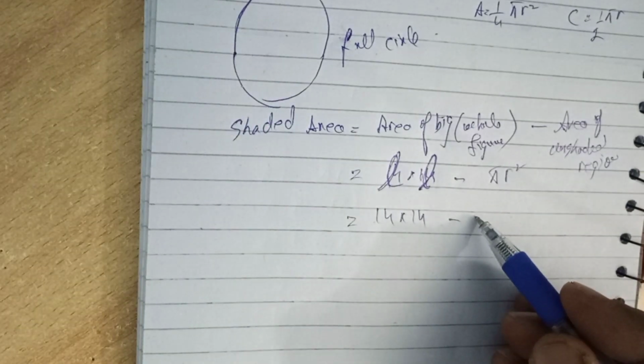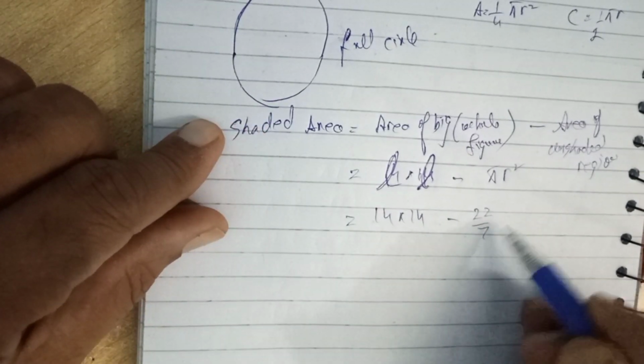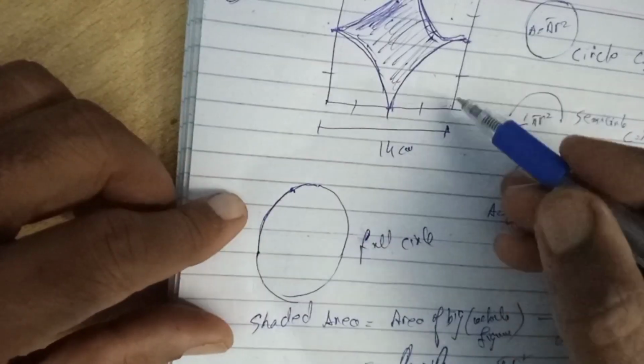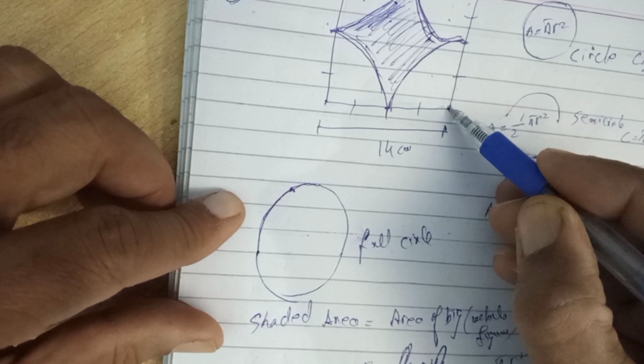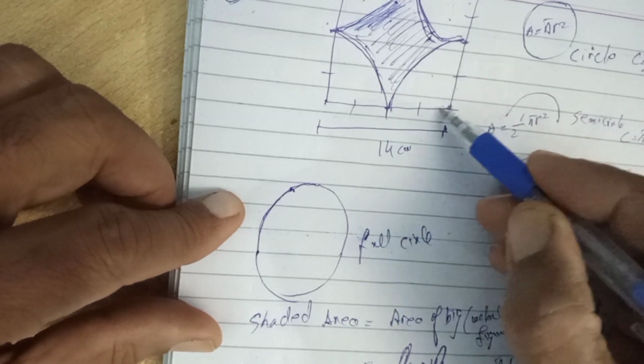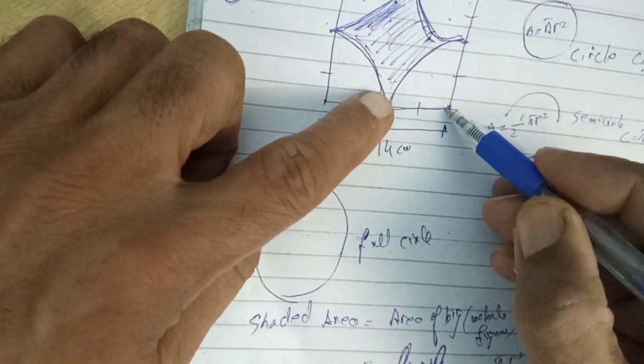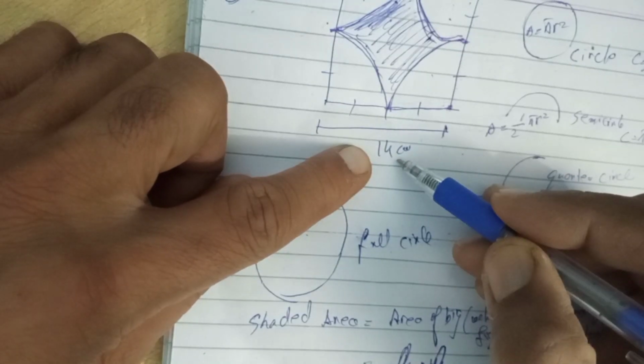Now what is the radius? If you look at this, this is the center of the circle, this quarter circle. This is its radius, which would be half of 14.